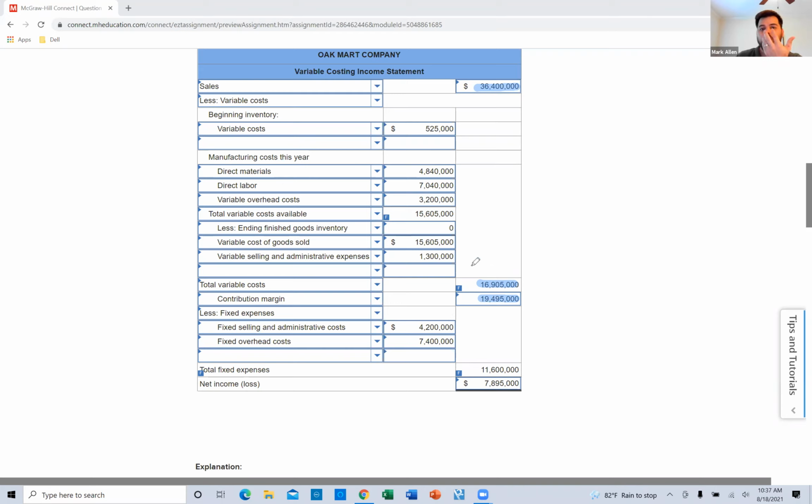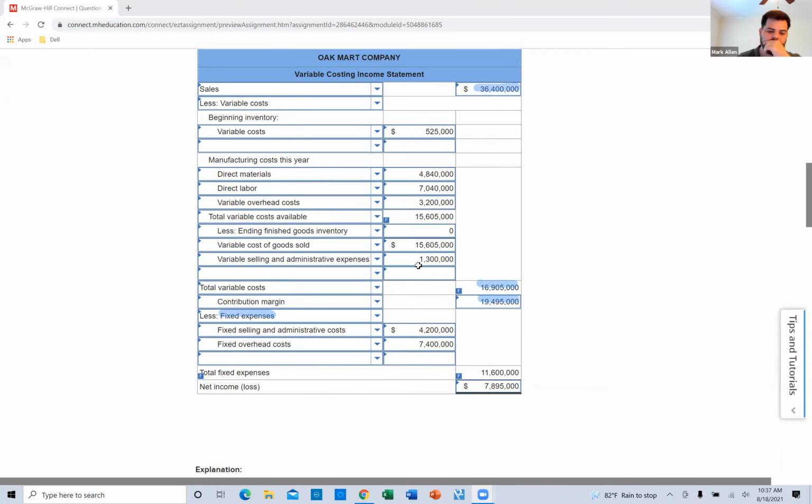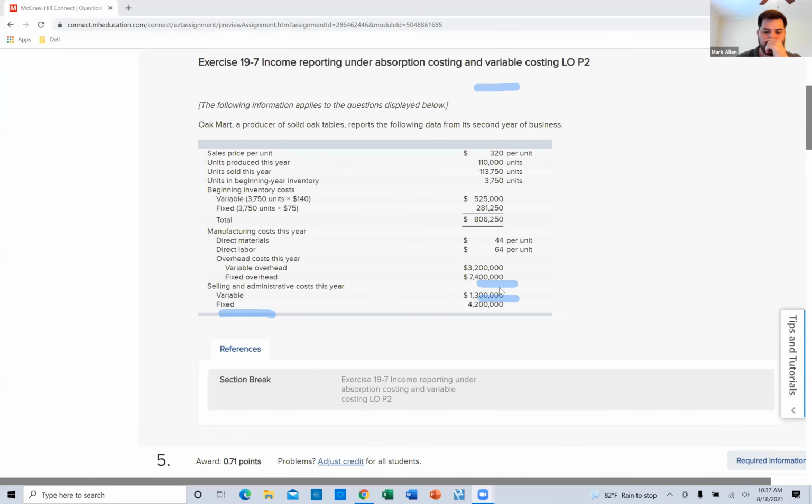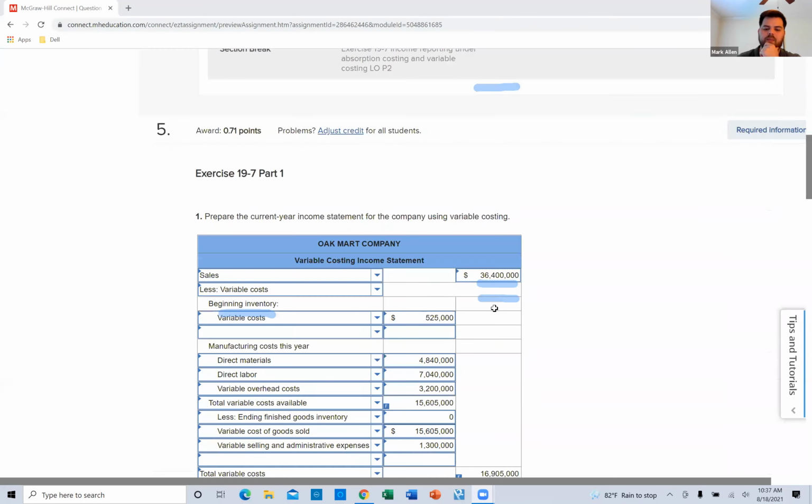Now, whenever we're preparing our variable costing income statement, we start with sales, we then back out variable, then we back out whatever's left. And whatever's left, if we've already dealt with the variable, is our fixed. In this case, we were given our fixed selling and admin and our fixed overhead. So here's our fixed overhead, 7.4, our fixed selling and admin, 4.2.